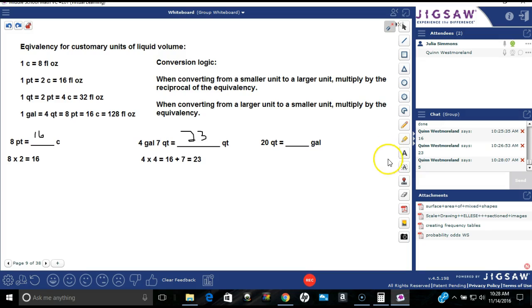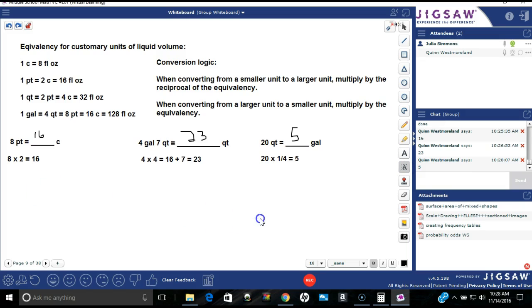All right, so the logic states we're going from a smaller unit to a larger unit. So we have to take the 20 quarts and multiply by the reciprocal of the equivalency, and there are 4 quarts in a gallon, so we're going to multiply by 1/4. So 20 times 1/4 is equal to 5. So you have 5 gallons. 20 quarts is equal to 5 gallons.